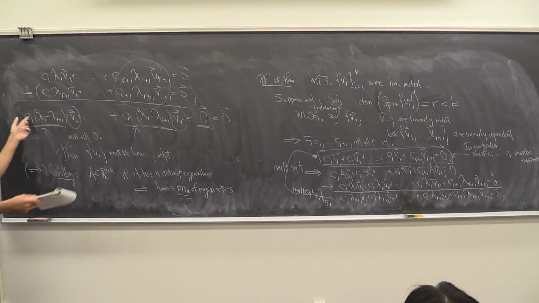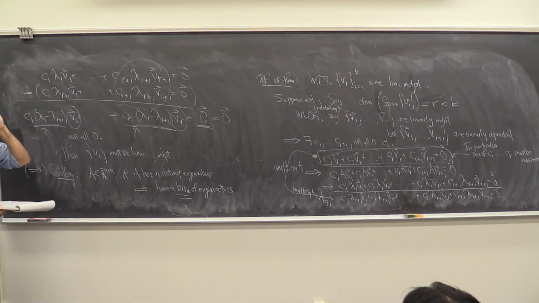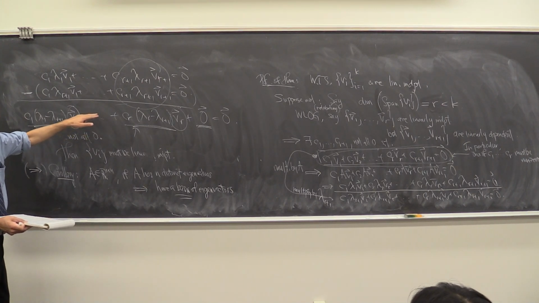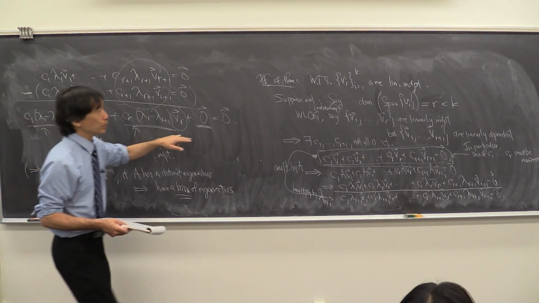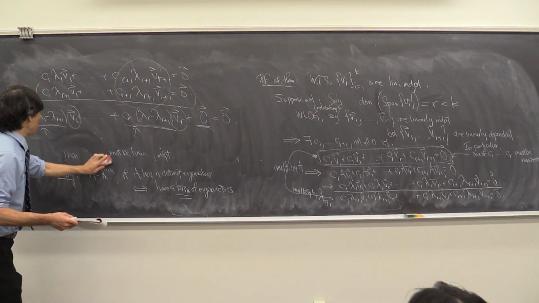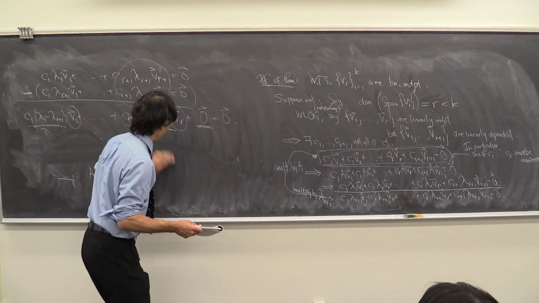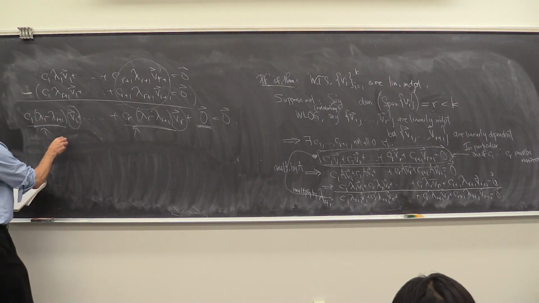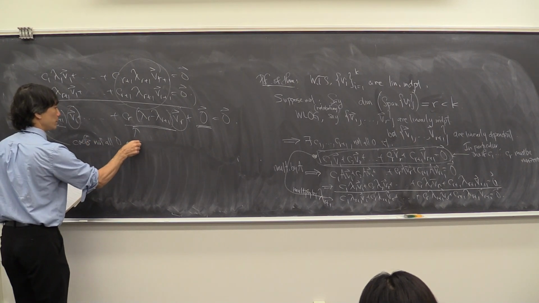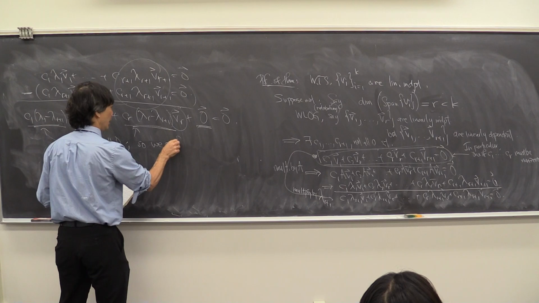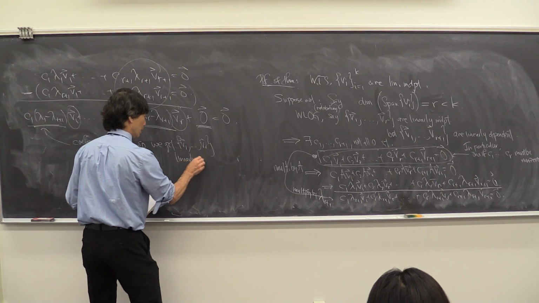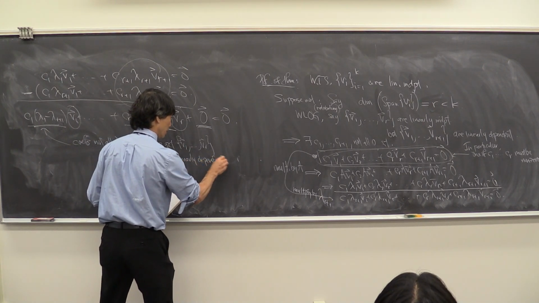So that means the new coefficients are not all 0. That tells you that V1 through VR are linearly dependent. But that's a contradiction. V1 through VR were actually linearly independent. So coefficients not all 0, so we get that V1 through VR are linearly dependent. Contradiction.